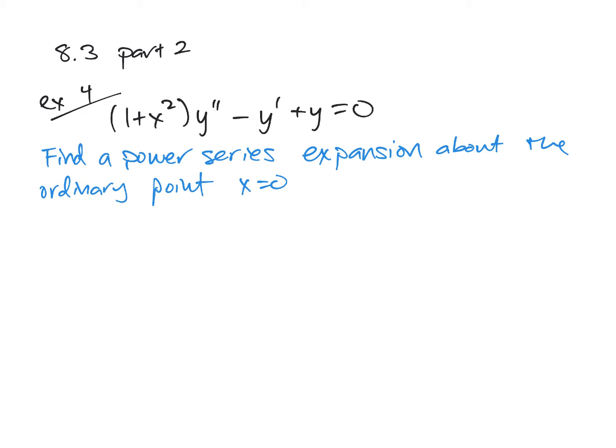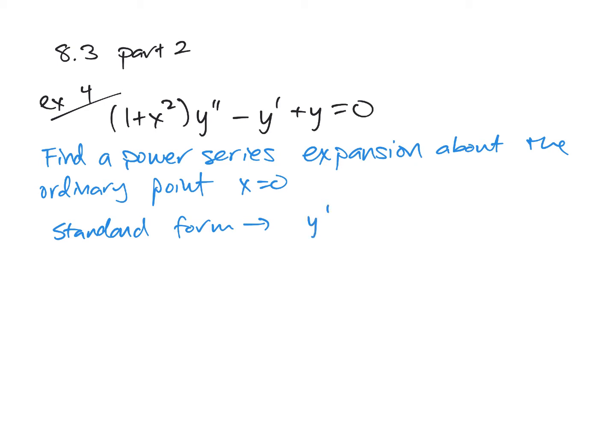So remember, an ordinary point means that when we have our equation written in the standard form, our p and q are analytic there. I don't even know if it's exactly called standard form, but whatever, we want to get the y double prime by itself, so we'll divide by 1 plus x squared.